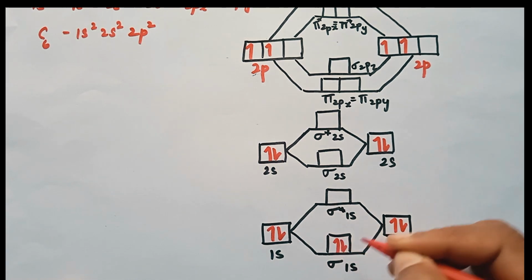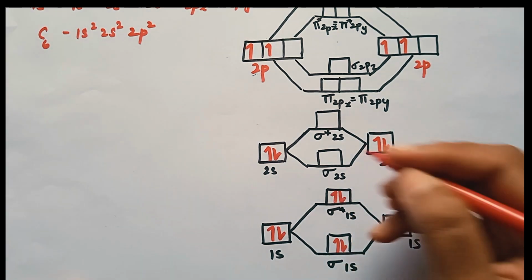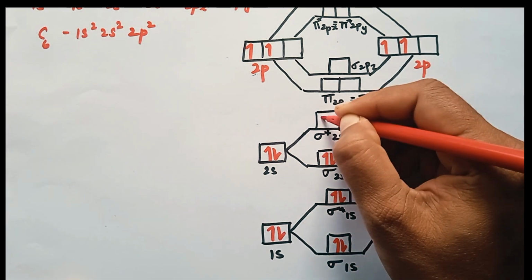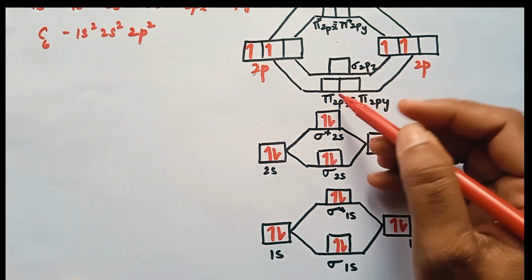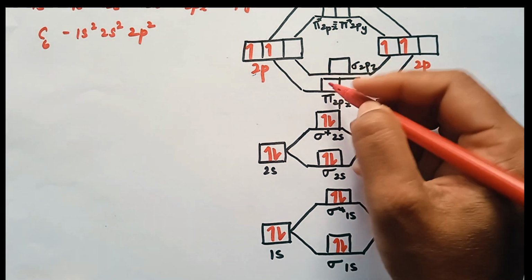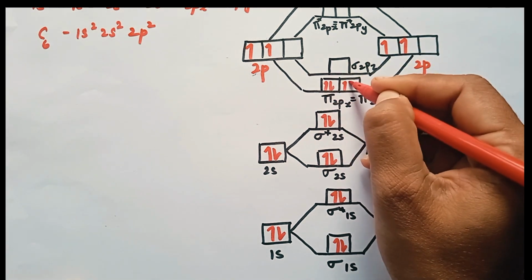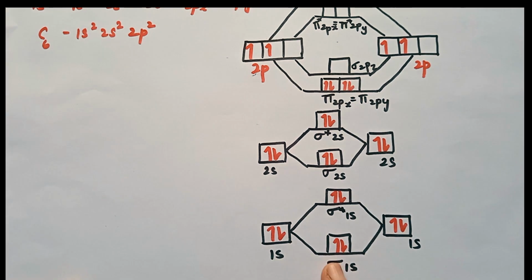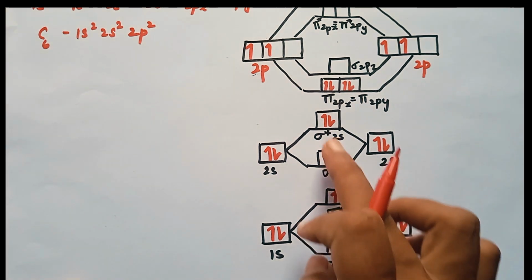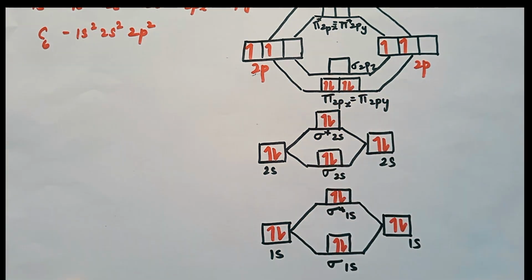Sigma 1s2, sigma star 1s2, sigma 2s2, sigma star 2s2, and in pi 2px 2py you have 2 electrons each. So totally it should come to 12: 1, 2, 3, 4, 5, 6, 7, 8, 9, 10, 11, 12. Okay, 12 electrons are filled in the energy level diagram.